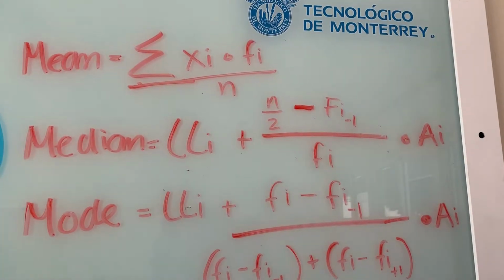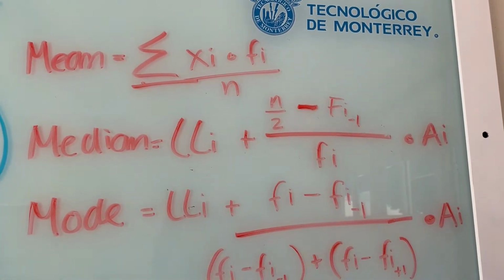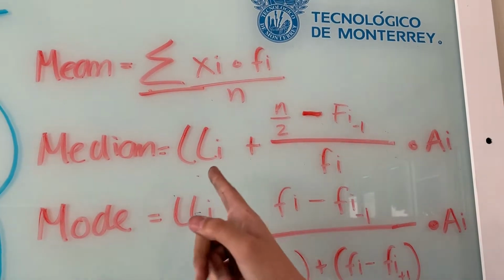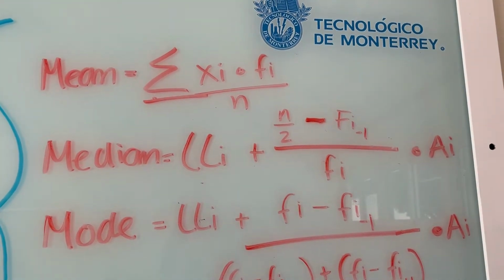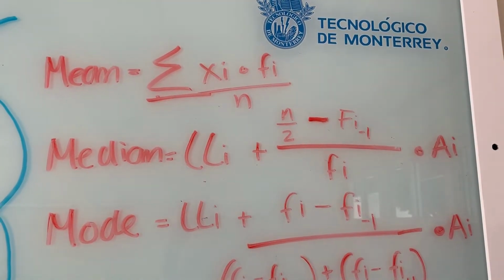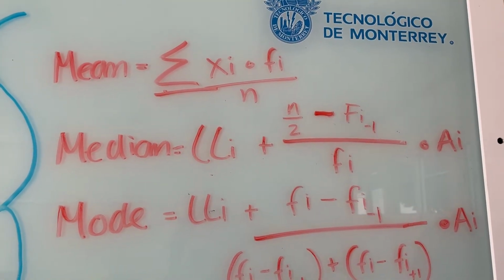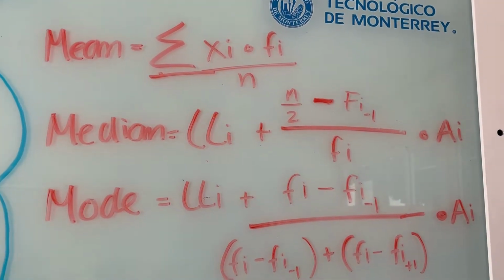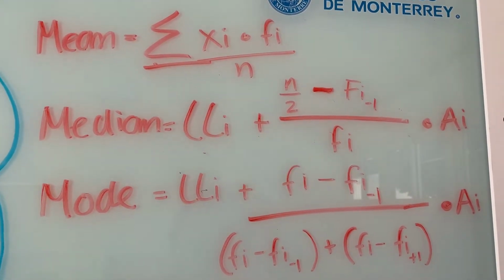Well, we're going to explain all the things that the median formula contains. So first, we have the lower limit, and we see that there are 25 individual data, and the middle of that is 12.5.